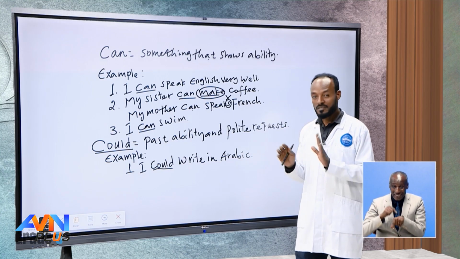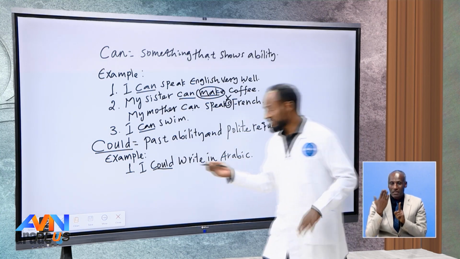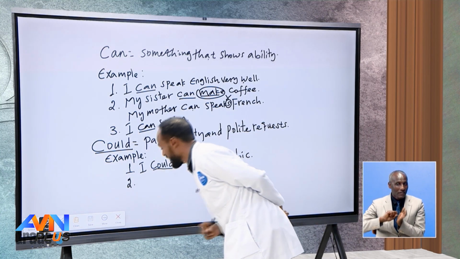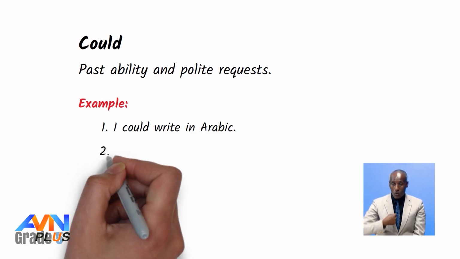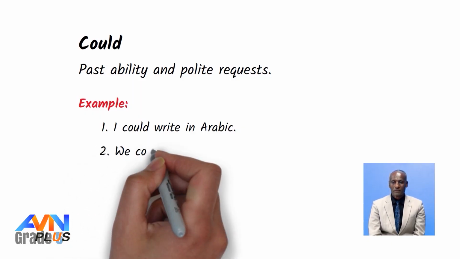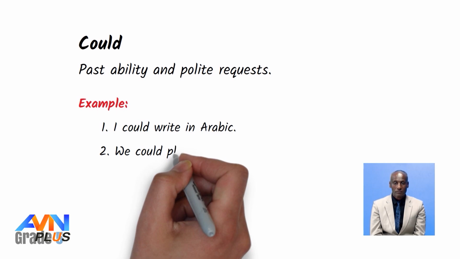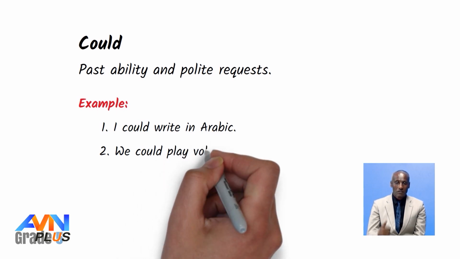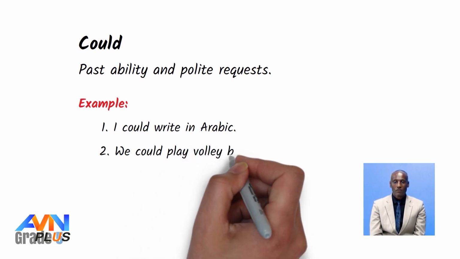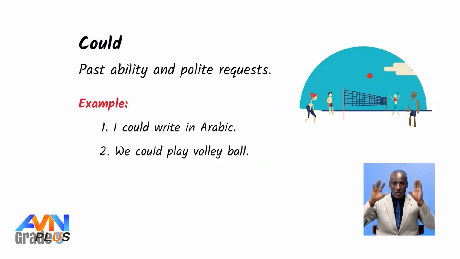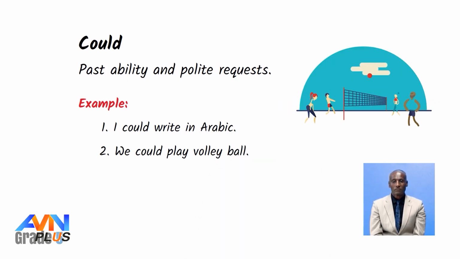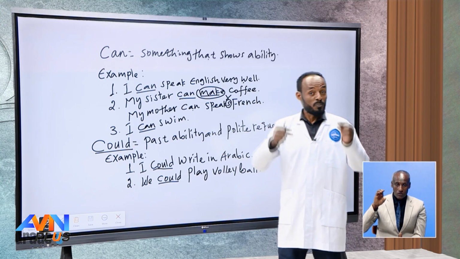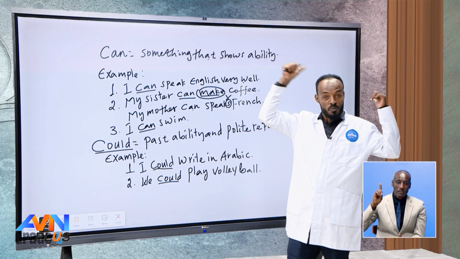Is it clear? Something happened in the past. And maybe we can take another example. We could play volleyball. Here, this shows ability. What kind of ability? Abilities that happened in the past.